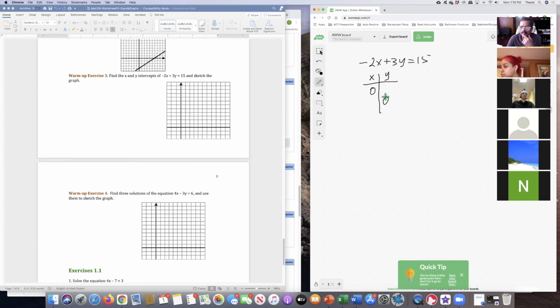Anybody found the y-intercept? I think I found it. Okay, what is it? It's 0, 5. 0, 5, very good. Anybody else found the x-intercept? I think I found that too, but I think that one is wrong.